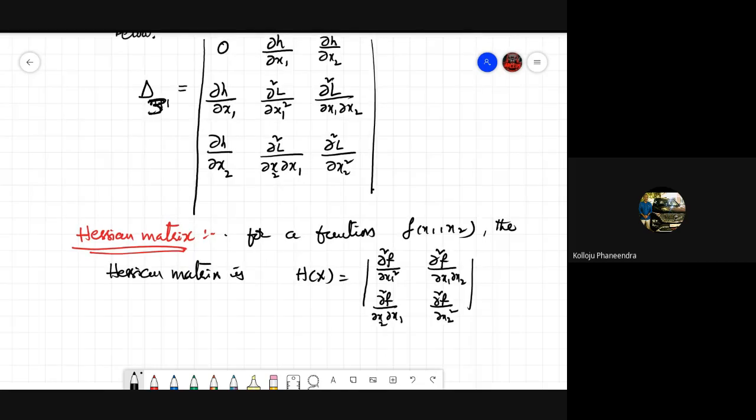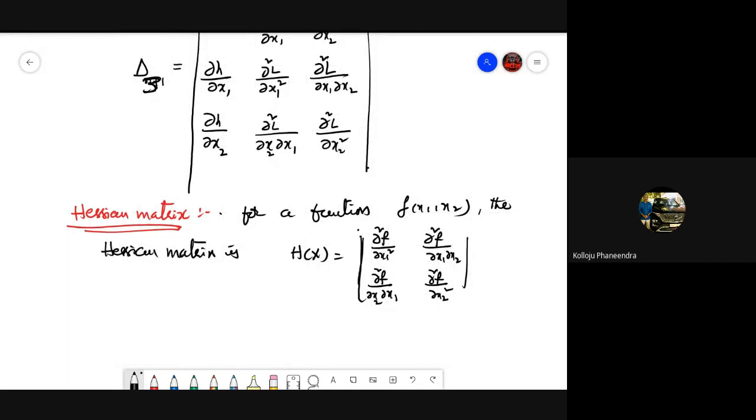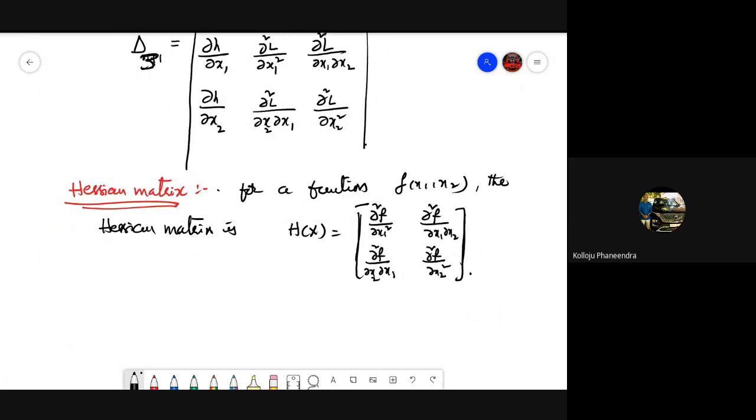Okay, this is the Hessian matrix. Okay, and if h of x, just give me a minute.